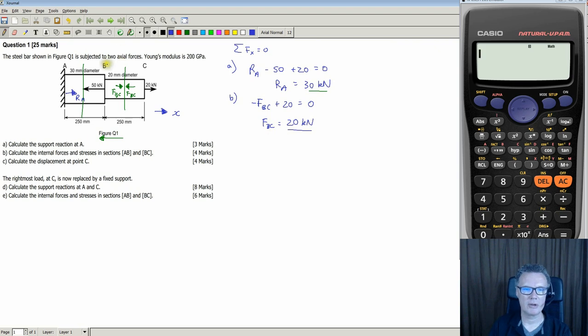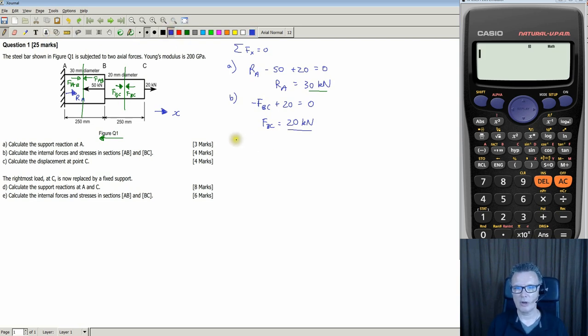Okay, now let's do the same thing here, where our internal force will be FAB. And notice that my FBCs are cancelling out, or I don't have a cut. You can use either argument, both valid.